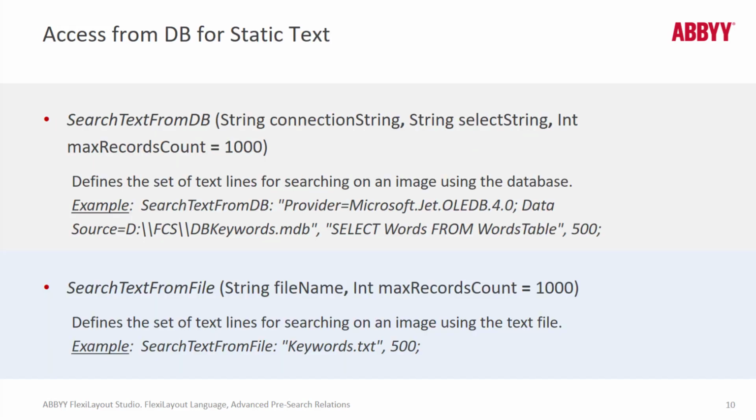So accessing data from a database for a static text search was already covered in this course in a presentation, and that was using the search text from DB function. So with this function, we can reach out and look for a variety of text strings that are stored in a database table in this particular column, and we use syntax like this where we make our connection.